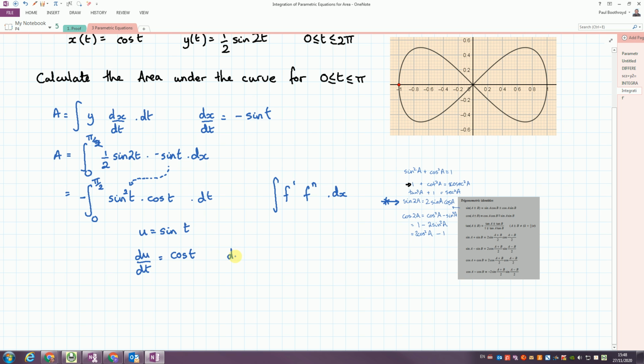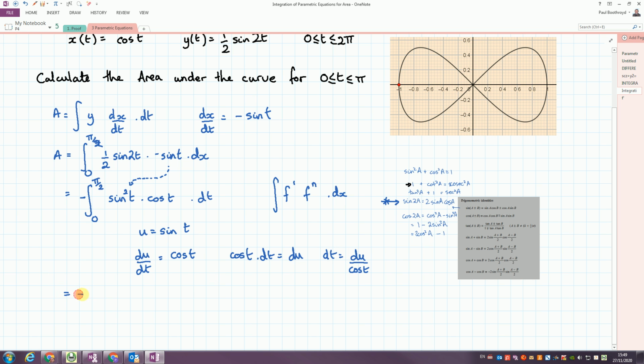We can rearrange that to say cos t dt equals du, and you can do that substitution directly, or if you want to replace dt with du over cos t, the du replaces the dt, and the two cos's cancel.